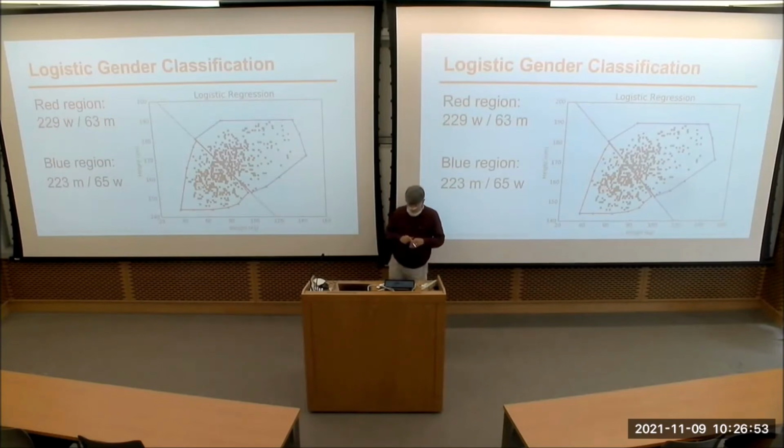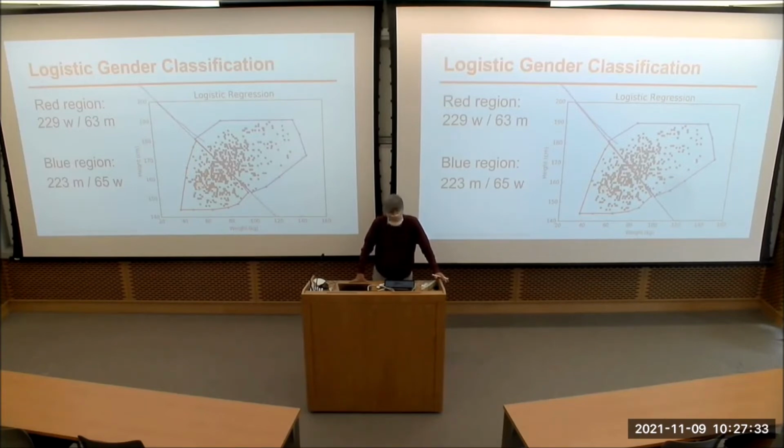So here is an example of logistic regression in action. I took people as points in height-weight space, and the label was gender. Are they male or are they female? Generally speaking, women are shorter and weigh less than men. This line over here represented the optimal separator found by logistic regression in separating the men from the women.